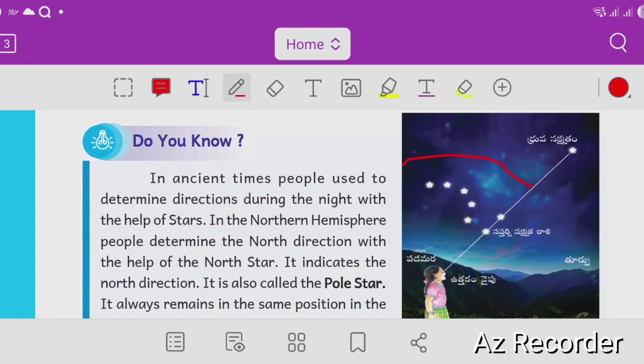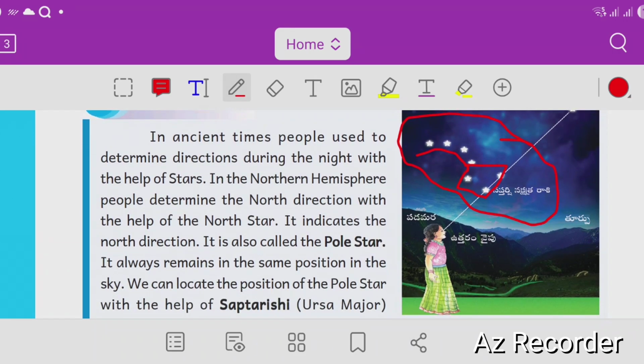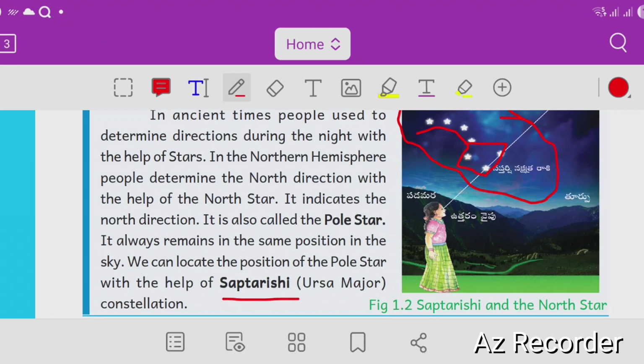Here we can see a group of stars. These look in a different shape. This constellation is called Ursa Major or Saptarshi Mandal.